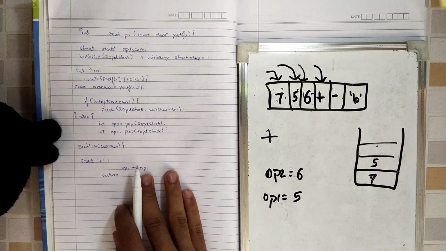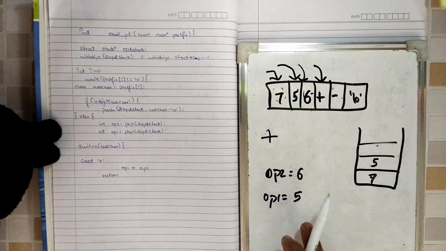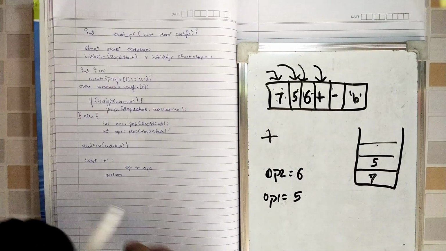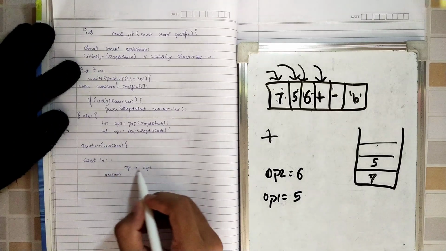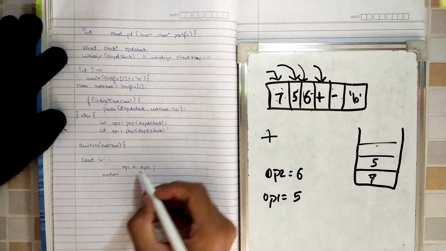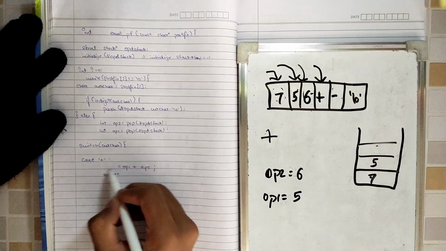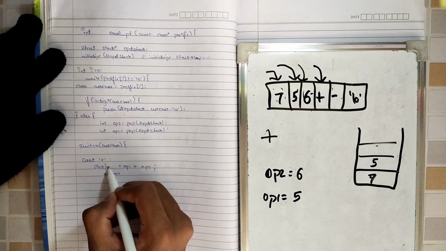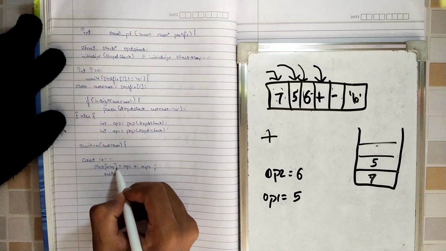Similarly, we write the same for minus, multiplication and so on. So we are writing here operand 1 plus operand 2, semicolon, but we have to push this in the stack. So here you have to write stack of ++top.